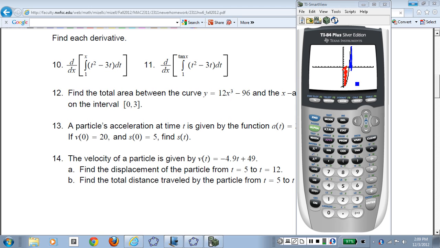It'll be negative because it's below the x-axis, but you can just take the absolute value of that. And then going from 2 to 3, finding that area, writing that down, and then adding those together. So the total area, we've got to take this and that, figure out what they are individually, break it apart, and then that will do it for you.